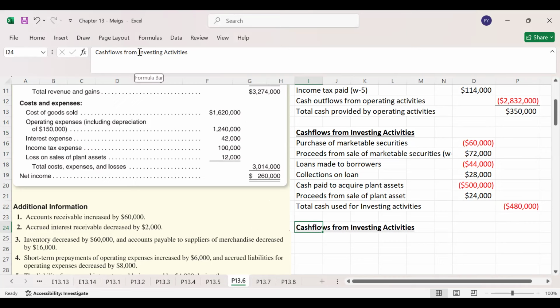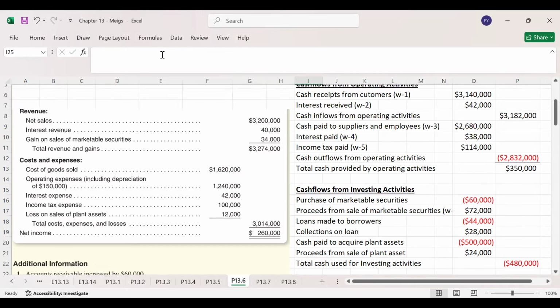Then the next is cash flows from financing activities. This is the last one, and here, first of all, we have proceeds from short term borrowings, because financing activities means we are financing our assets by taking debt or loans or by issuing further stock. So, first of all, we have short term borrowings.